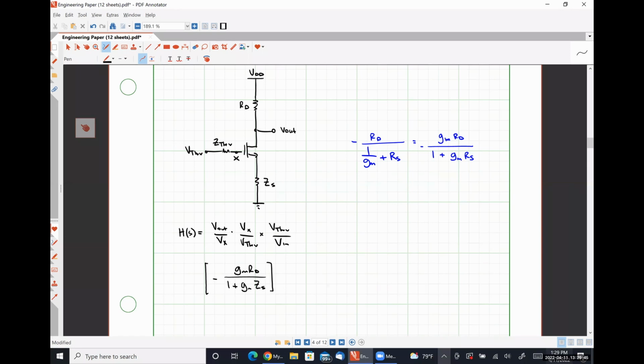Okay. So what's our transfer function Vx over Vthev? It is exactly the number 1, 100% correct.